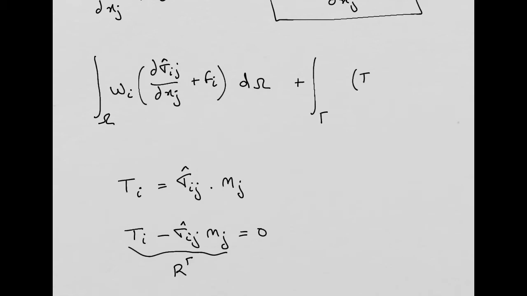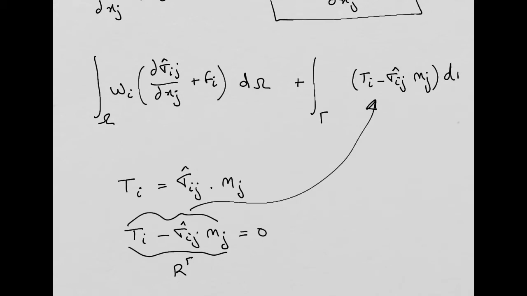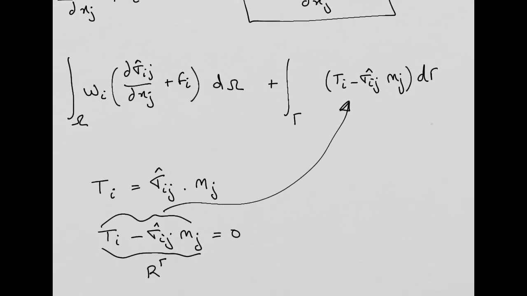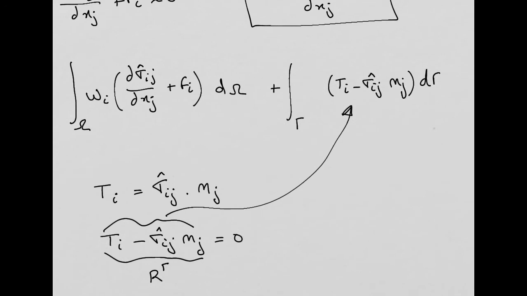This is going to be the residual, and then I will multiply this residual by a weighting function, which I define on the boundary.